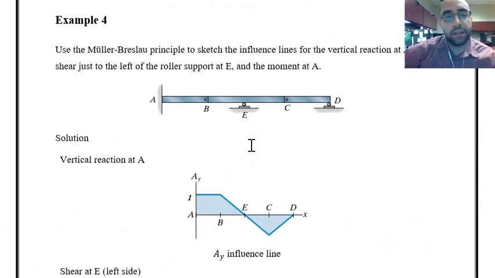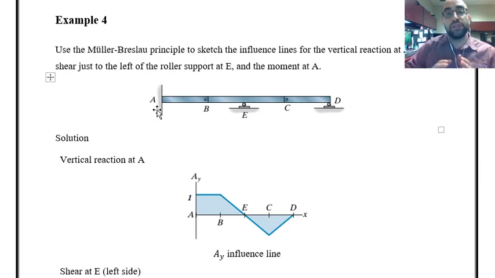Over here we have the fourth example, and it is asking about the influence line for vertical reaction at A, shear at the left side of this roller support, and moment at A. So vertical reaction at A, moment at A, and shear right at the left side of support E. So for finding the vertical reaction at A, I have a fixed support over here.